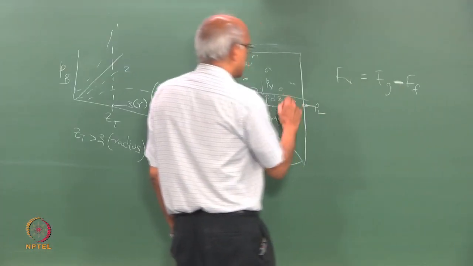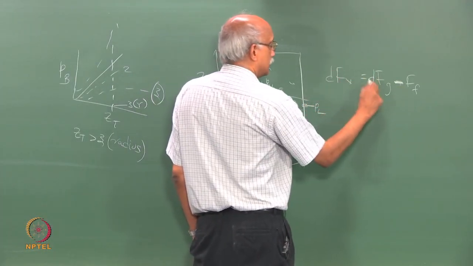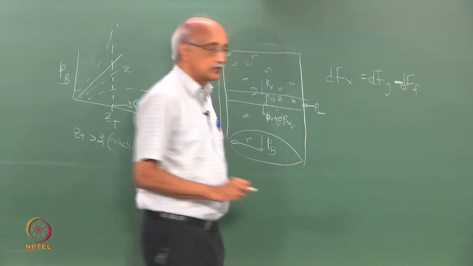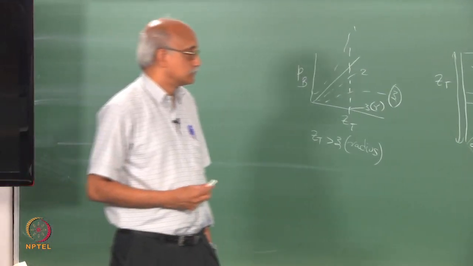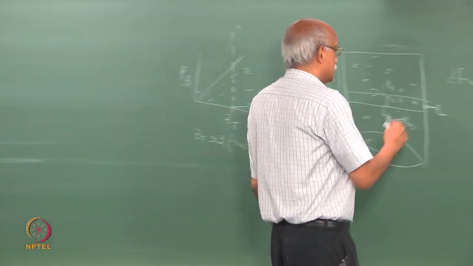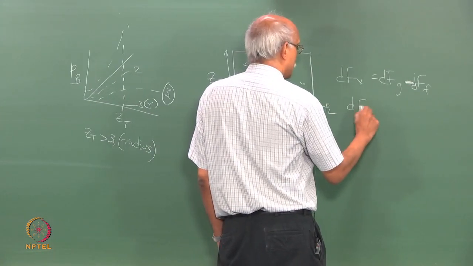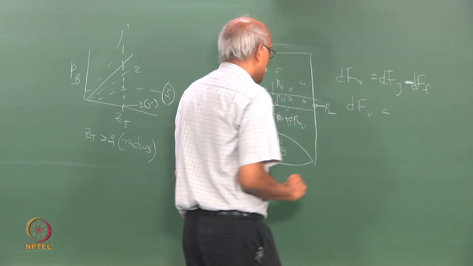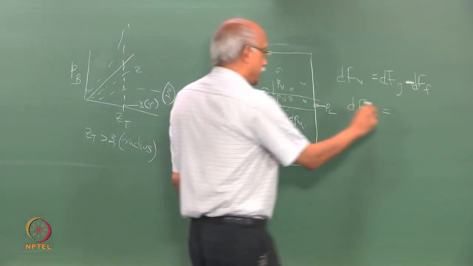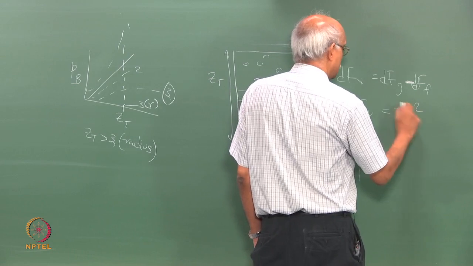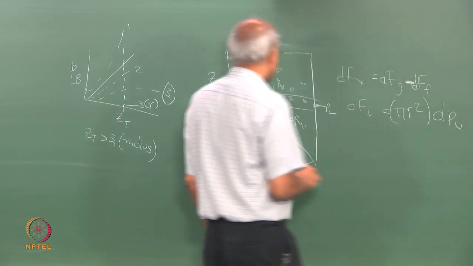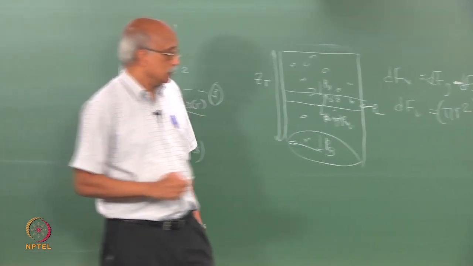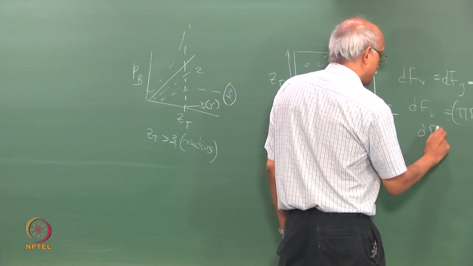Or if you look at this differential element, dFV will be equal to dFg minus dFF, right. So, what is dFV? It is the area pi r squared times dPV. dFg is the gravitational force.